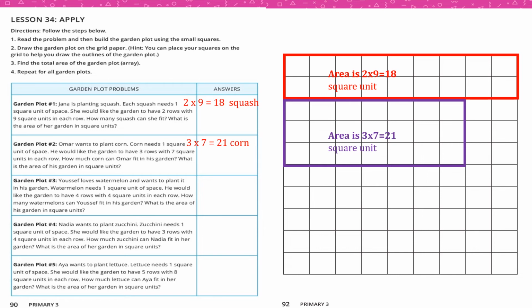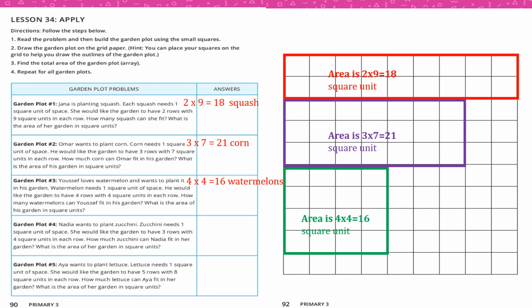So, how many watermelons can Yusuf fit in his garden? 4 times 4 equals 16 watermelons. Let's draw it. 4 rows, inside each row 4. So the total area is 4 times 4 equals 16 square units.